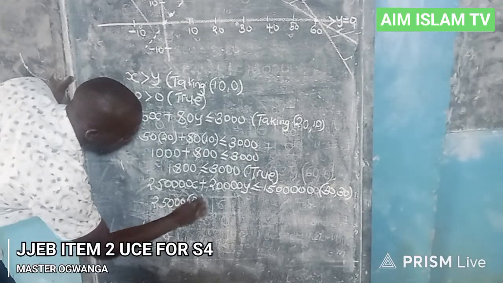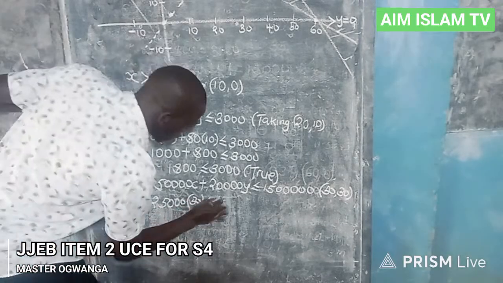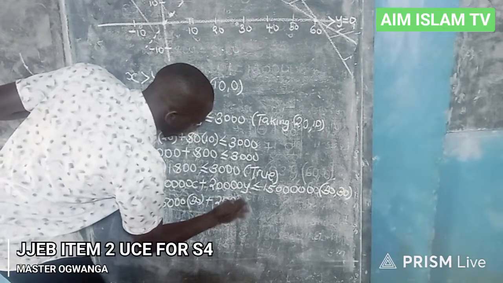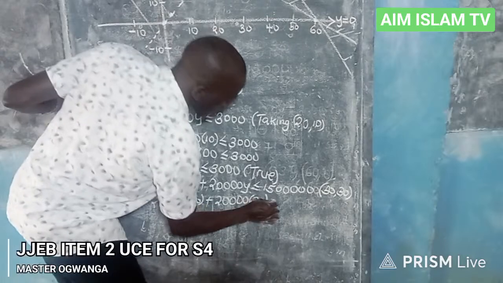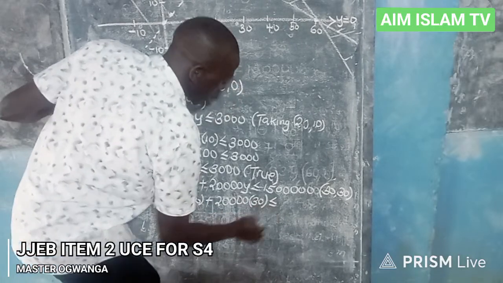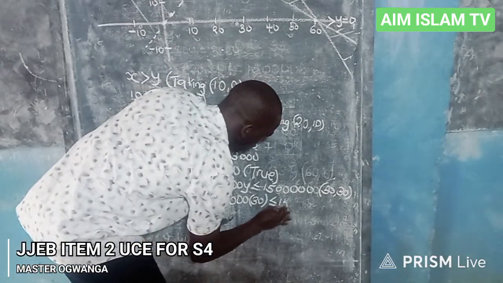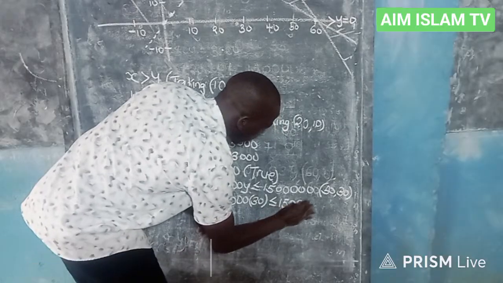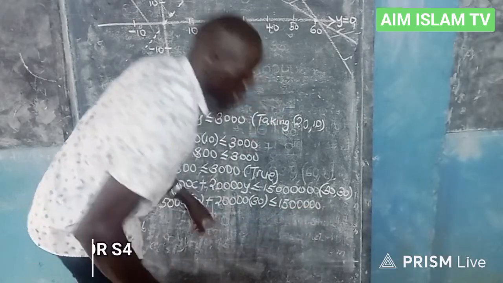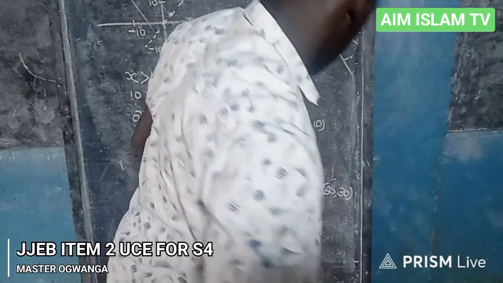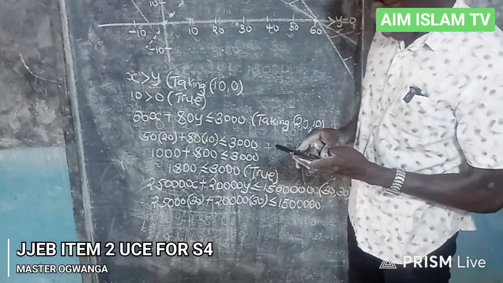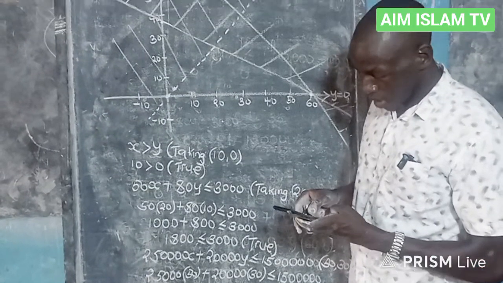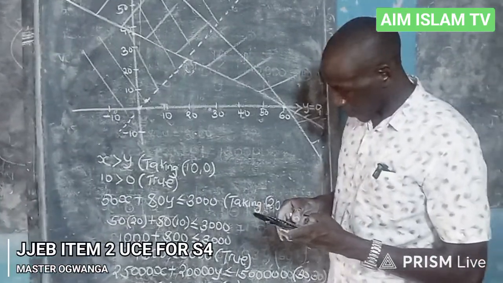25,000 of x, which is the 50. We have taken a plus 20,000 of y, which is 30, being less than or equals to 1,500,000. Let us see which side it is going to be.